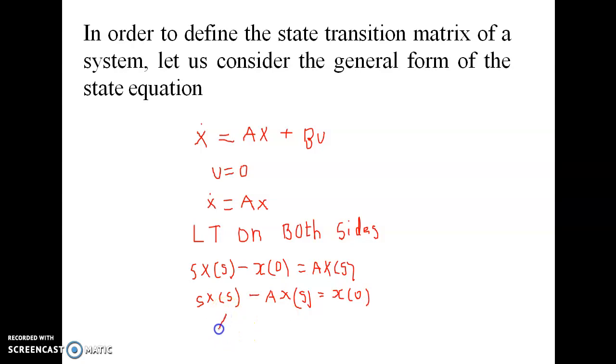If we take X of s as common, the term inside the bracket will be sI minus A, and this is equal to x of 0.